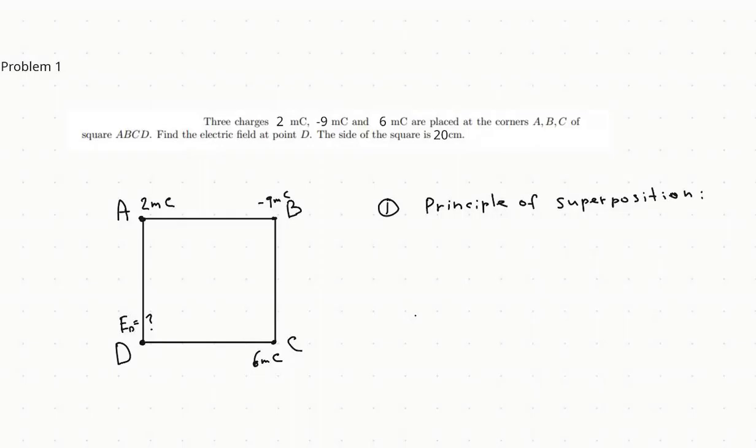The total field at a point is the vector sum of individual fields.